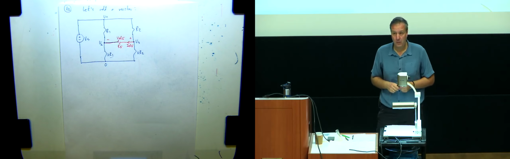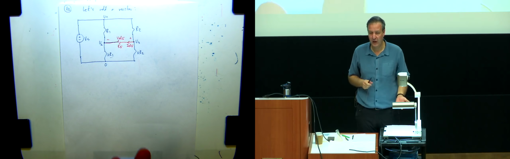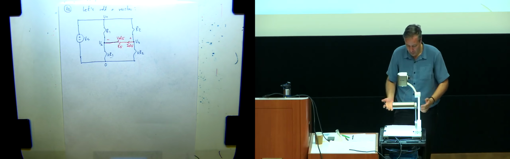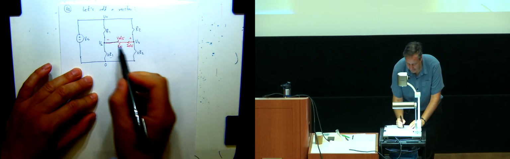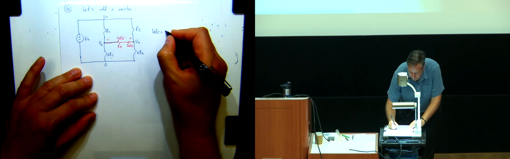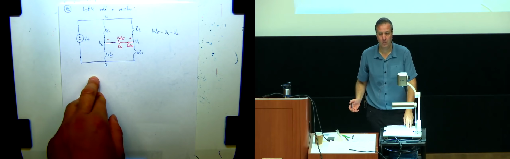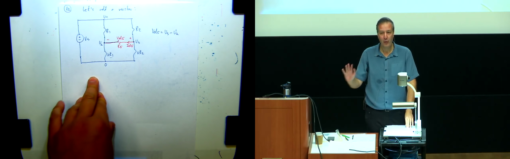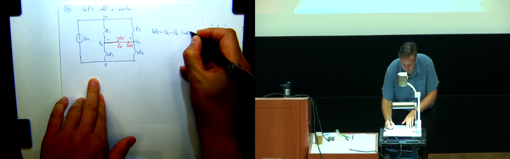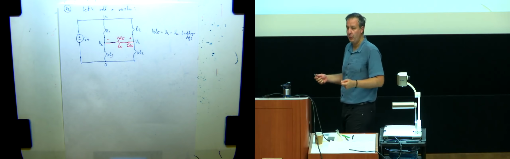So, there are a couple of things I can write immediately about this without sweating too much. The first thing is that V element 5 equals U3 minus U2. This is purely a voltage definition: voltage is the difference of two potentials.